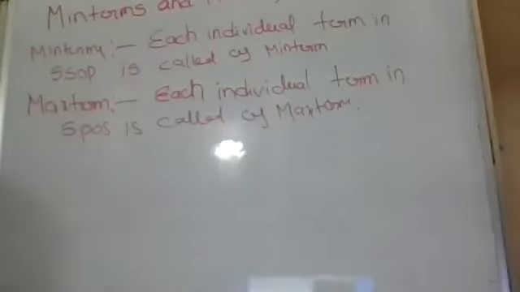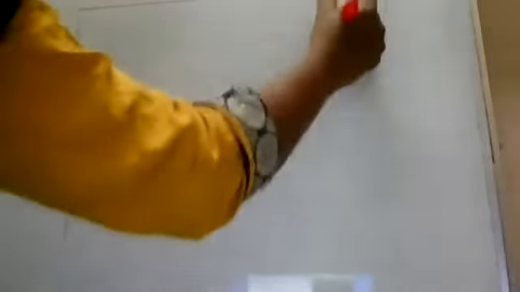So for two variables we can write minterms and max terms. How to write minterms and max terms for two variables, using a table.